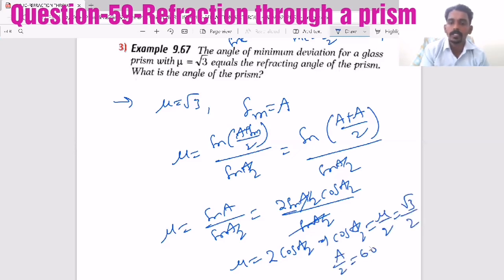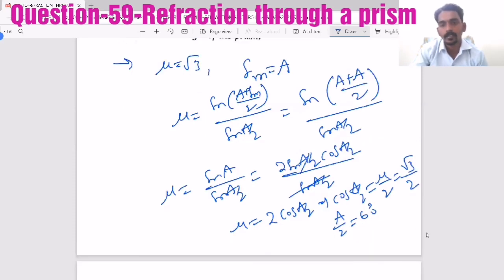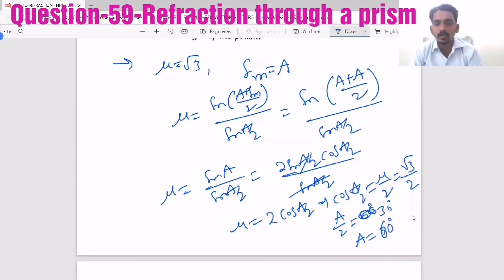Because cos theta equals root 3 by 2 means theta should be 30 degrees. So A by 2 is 30 degrees, then A value will become 60 degrees. So this way you can understand the question, then choose the formula and apply whatever mathematics is required.